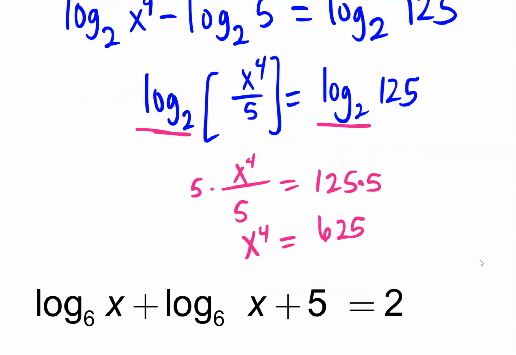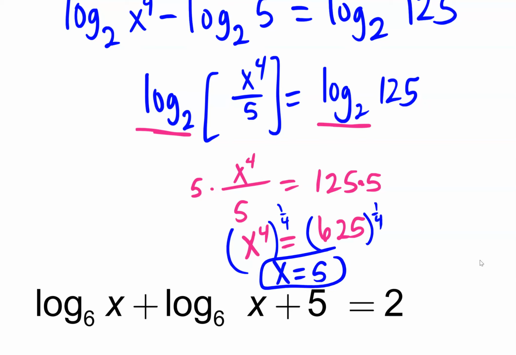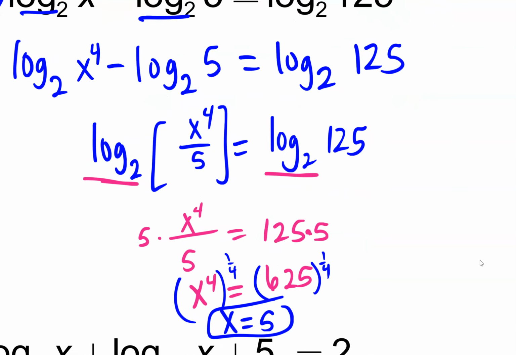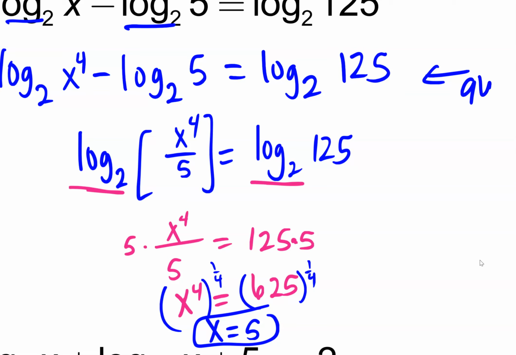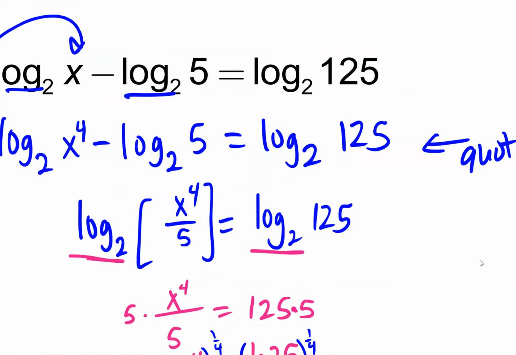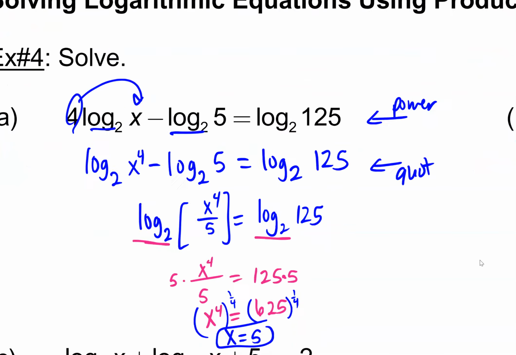And then if I take the 4th root, literally putting each side to the 1/4 power, you will get x is equal to 5. Perfect. x is equal to 5. So first we used the power, and then we used the quotient property. Perfect.